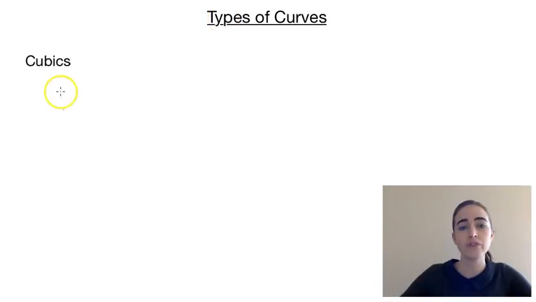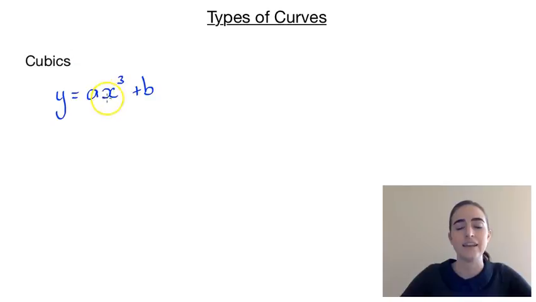The next type of curve that we looked at were cubics. So the equation of a cubic looks something like y equals ax to the power of 3 plus b. So cubics have a cubed x in there, so x cubed. Now, what the variables do in here is very similar to what they did for a parabola. That term there, again, tells us its steepness, and it also tells us whether it's an increasing or a decreasing cubic.